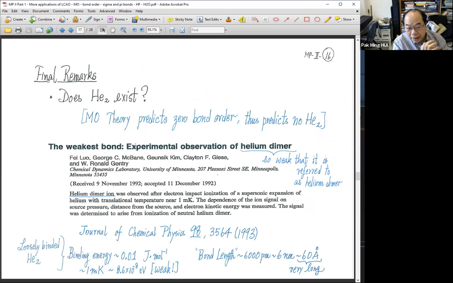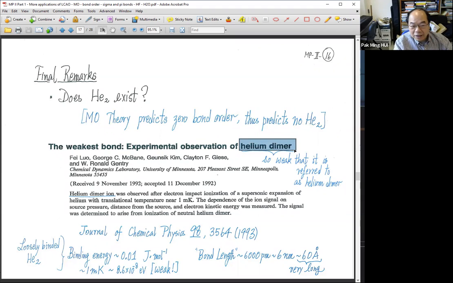So I end this part with just an optional remark. For example, you may Google and look for what is the weakest bond. This thing, whether you call it a molecule or not, is arguable. That's why many people, even though they did the experiment, call it a helium dimer.